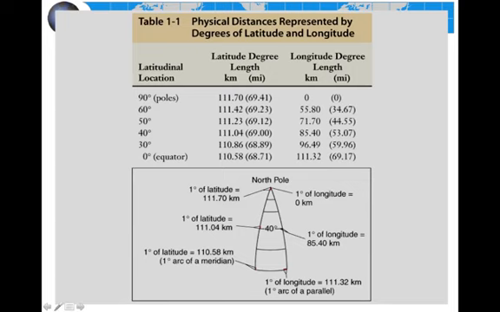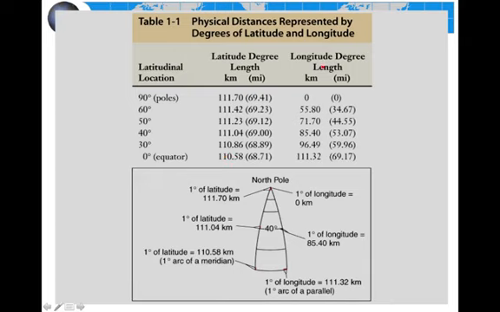Importantly, because this has to do with map projections, no matter where you are on the surface of the Earth, the latitude degree length is about the same. It varies just a little.